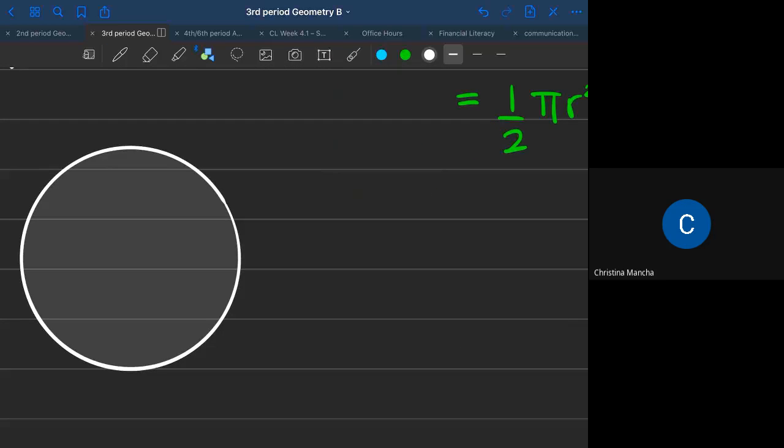I know that the center is here. I want to find the area of this section here.